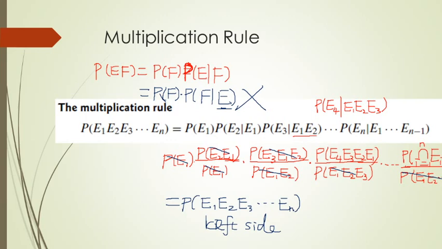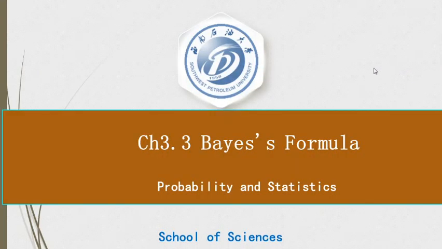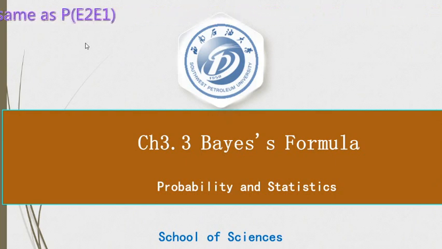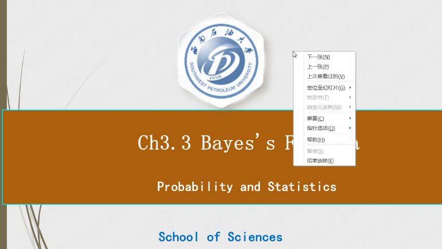So we need more practice for the conditional probability, and I was planning to move forward to the Bayes formula. A student asked whether the probability of E1 and E2 is the same as the probability of E2 and E1. Of course they're the same. The event intersection is commutative, right?